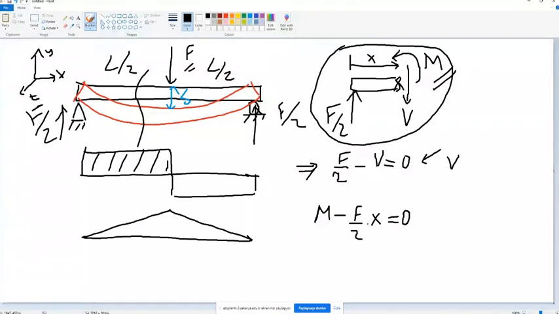And if you look at this equation, when you hold the V like this and put the F over 2 to the other part, you will have V is equal to F over 2.